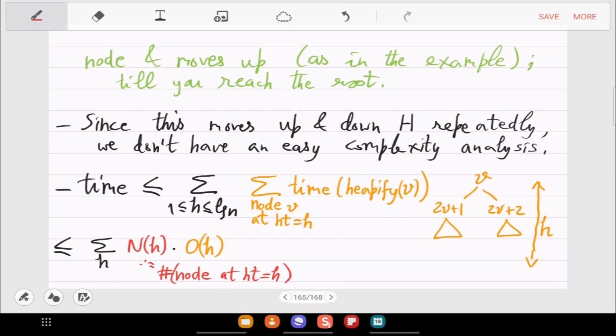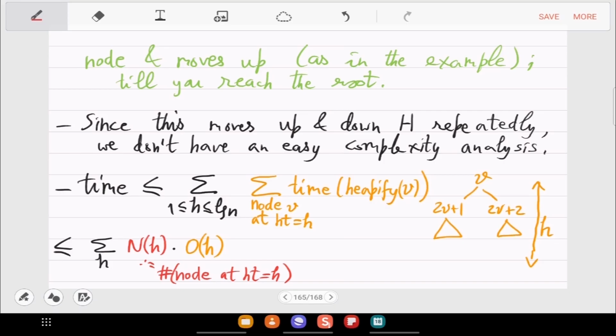Okay, so time of Heapify for a node, is this clear that it's order h? Heapify for a single node, you just have to look at the pseudocode. Well, in the pseudocode, you can see that we are only going down, not up. So here there is no confusion.